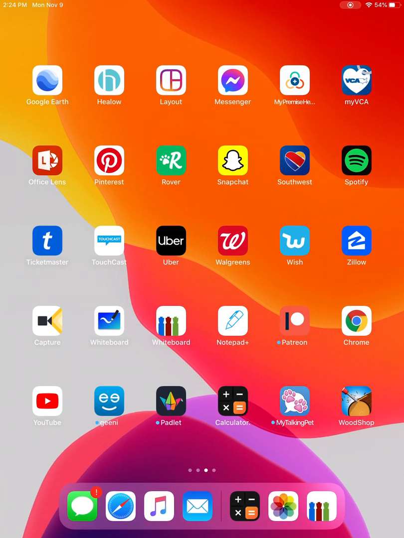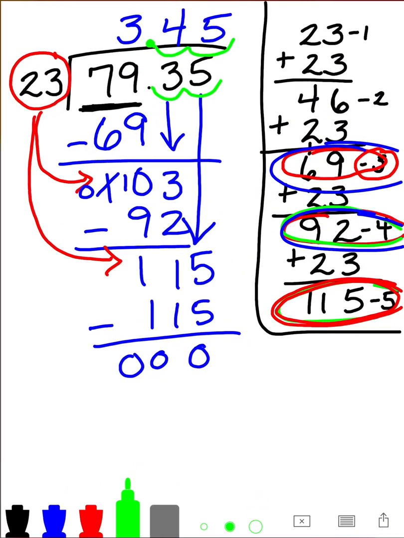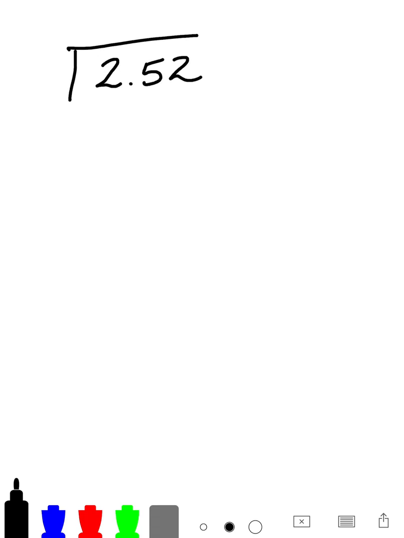Number 4 says 2.52 divided by 3. So I'm going to go to my whiteboard and rewrite it. 2.52, and I'm dividing by 3.